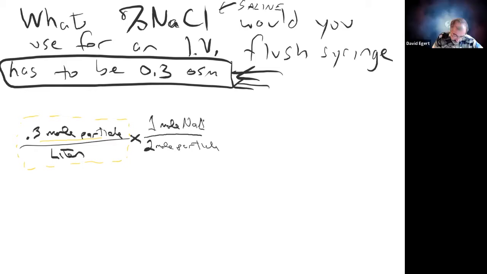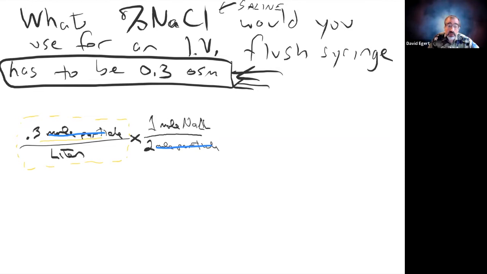It's kind of what we were talking about a little earlier with this dissociation. The nice thing about doing dimensional analysis like this, if you're wondering whether you're going to multiply or divide by this conversion, you just have to make sure that the things are in the right place to cancel. So the moles of particles cancel. So now I have moles of NaCl per liter.